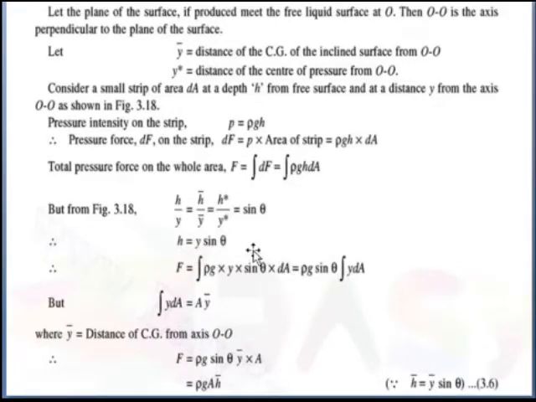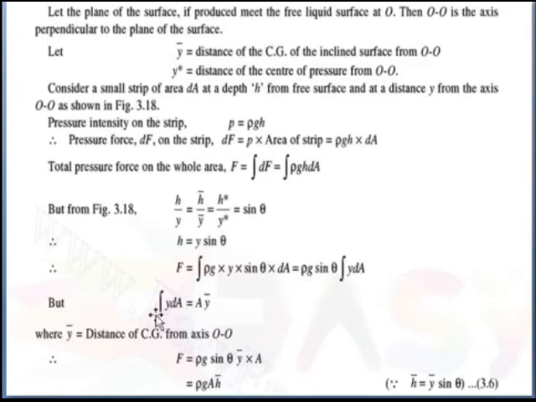Then putting the value of h in the above equation, F is equal to integration of rho g, the value of h is y sin theta, into dA. Then the constant terms are rho g sin theta, and then integration of y dA.